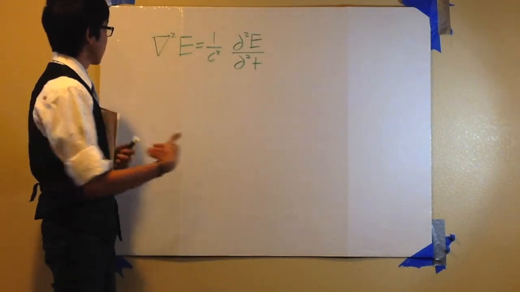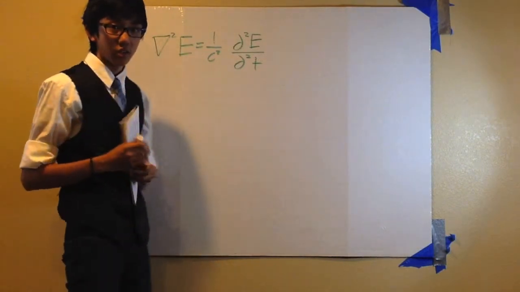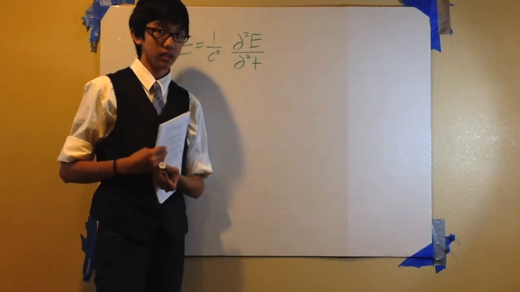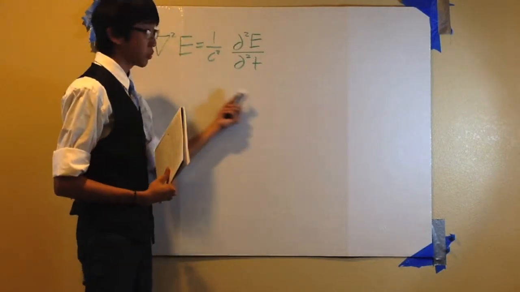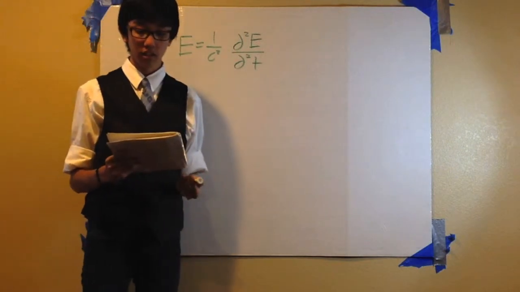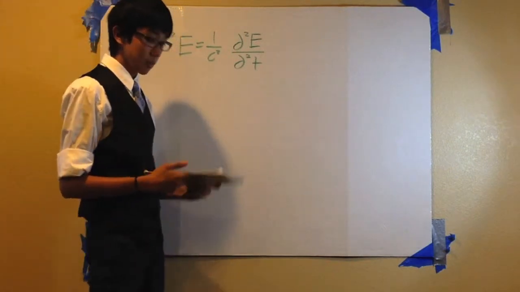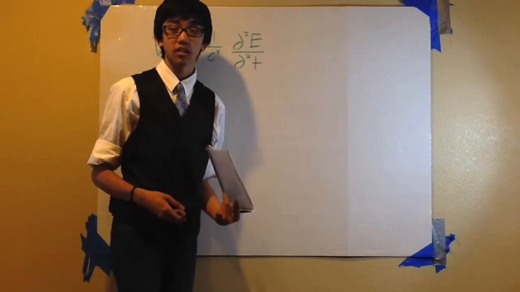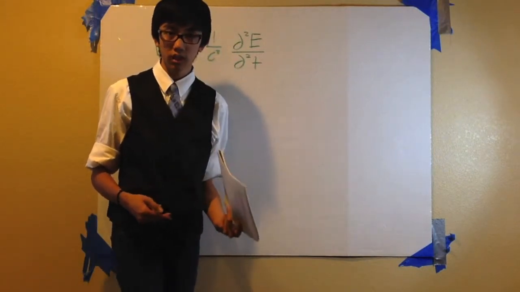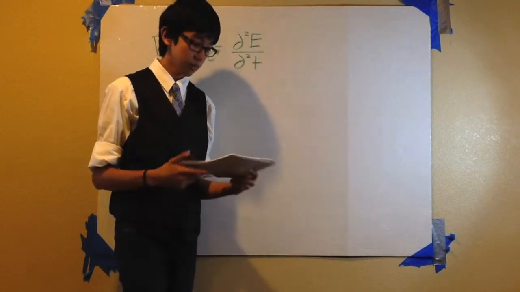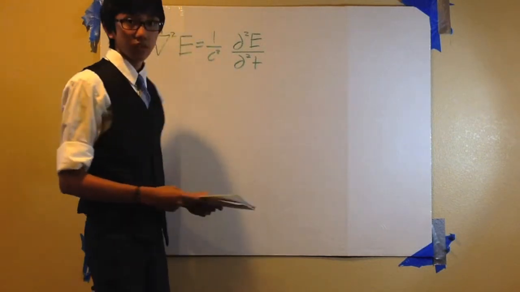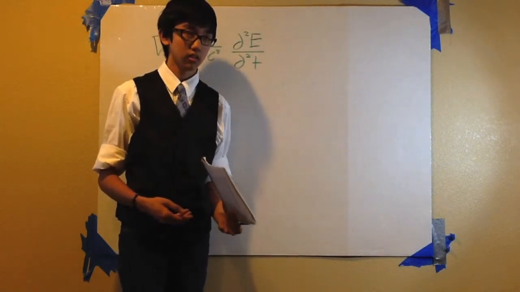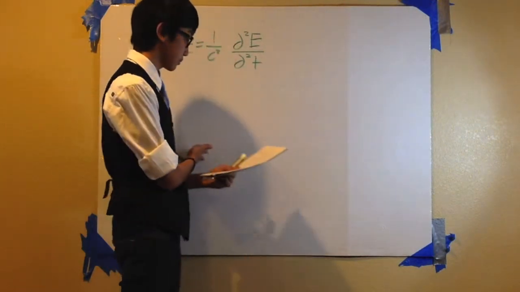This letter here, the upside down triangle, is called del, which represents the vector differential operator. Essentially, this equation is talking about vector calculus. Now, E stands for pressure, displacement, magnetic fields, anything that has to involve the wave, such as mechanical waves or electromagnetic waves. C stands for velocity, or phase velocity, anything that relates to the problem of the wave.